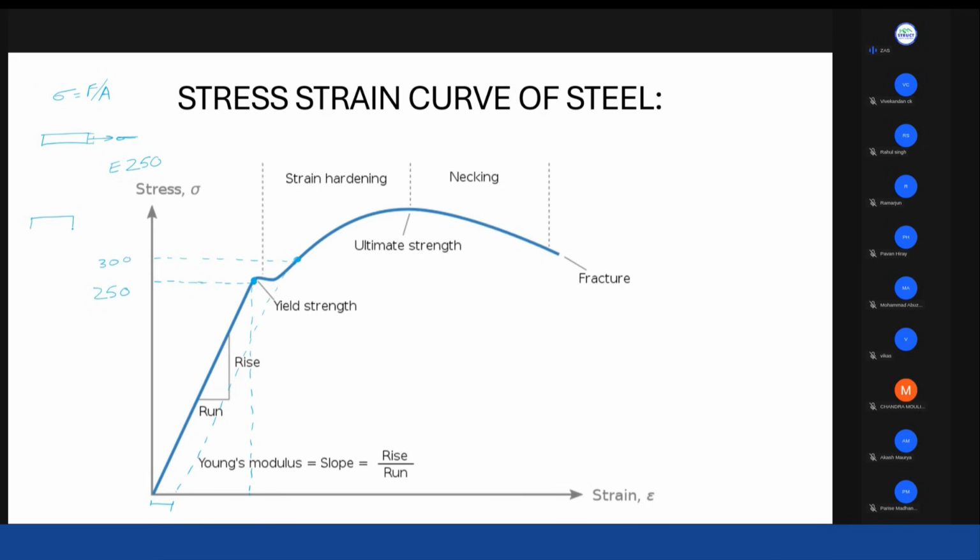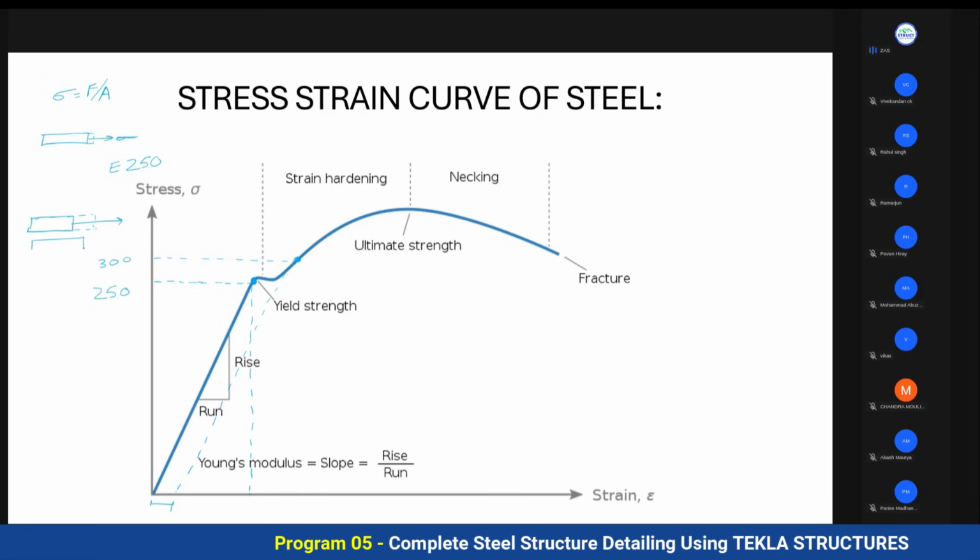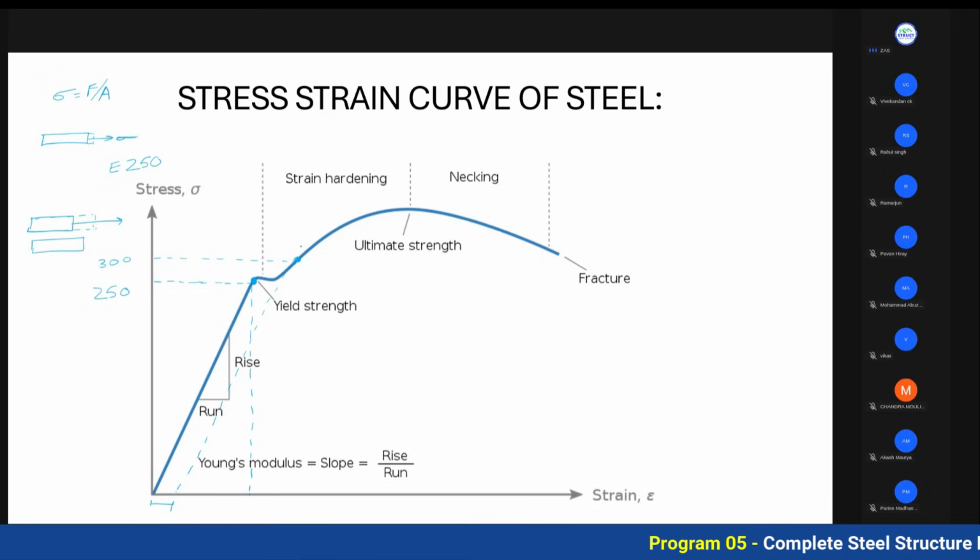This was the original member. You applied this force, it became like this. But now when you removed the force, it will not gain the original shape again. It will become like this. So this becomes the strain hardening region. Slightly it is moving towards the plastic region.